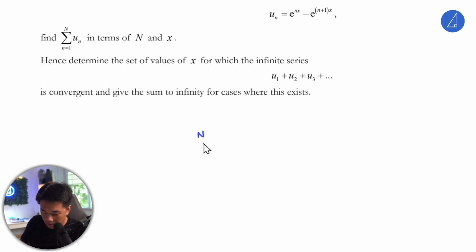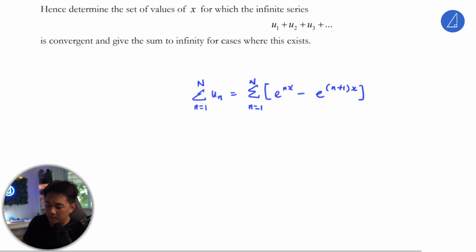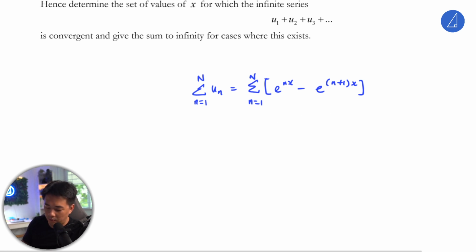The sum from n equals 1 to N of u_n is the summation of e^(nx) minus e^((n+1)x). In this case, we can distribute it in, so these are two separate GPs. This is the first GP, and this is the second one.